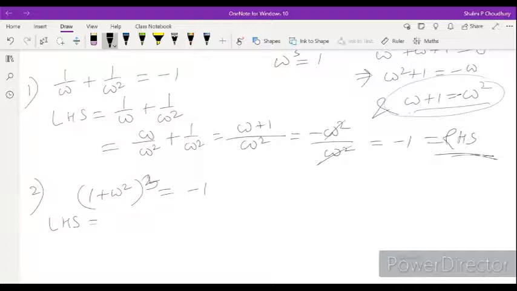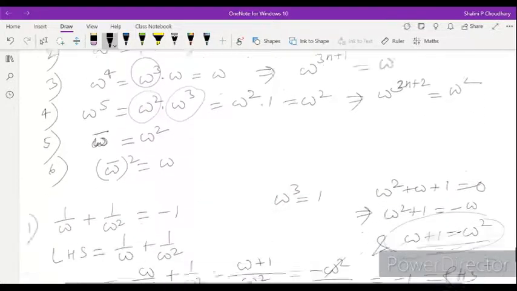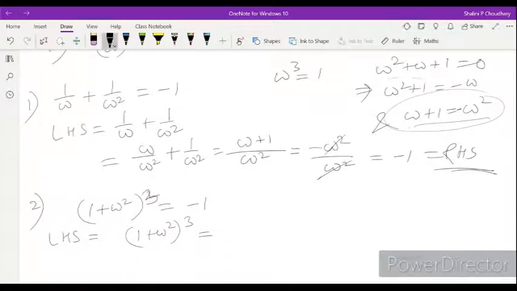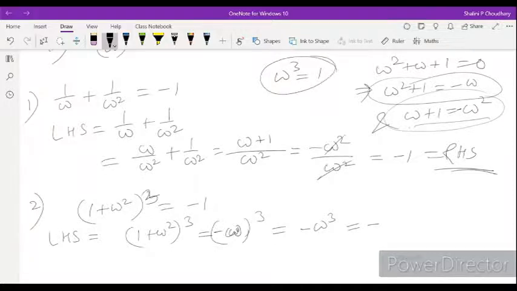LHS is equal to (1 plus omega square) whole cube. As we know, the value of 1 plus omega square is minus omega. So this will be equal to (minus omega) whole cube, which is minus omega cube. As we know that omega cube is equal to 1, it will be -1, hence that is equal to RHS, hence proved.